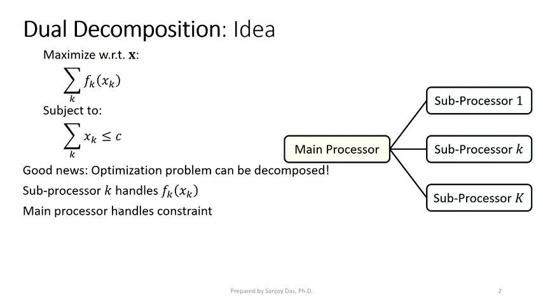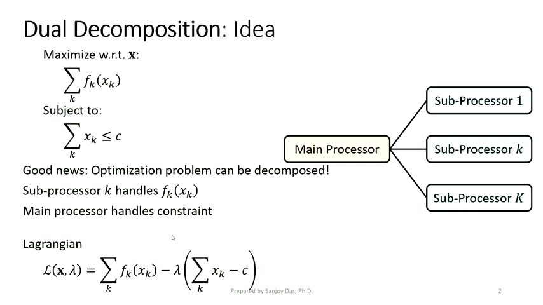So subprocessor k handles fk(xk). And the main processor handles the constraint. This is the constraint. Okay, so the Lagrangian of this is given by this expression here, summation fk(xk) minus, since it's a maximization, so I put a minus here, minus lambda times this constraint, summation xk minus c.